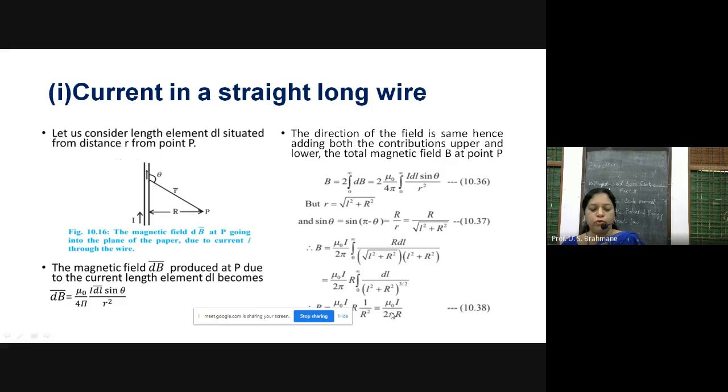So B is equal to mu 0 I upon 2 pi r. This is the derivation of it. It is asked sometimes: derive or state the Biot-Savart law and write the application for the current in a straight long wire. So this is the equation which you have to derive. Take the Biot-Savart law first and draw the figure. The figure is very much essential. If you cannot write it now, you can just take screenshots of this.